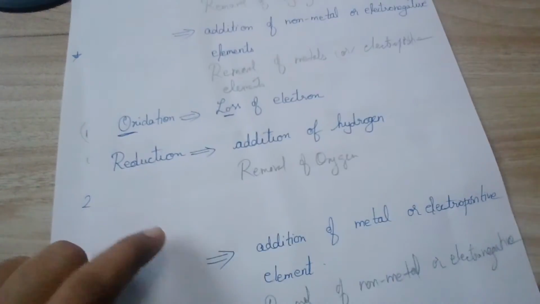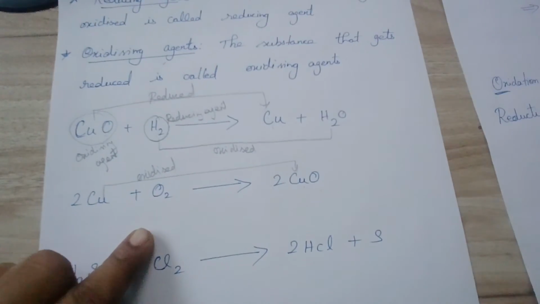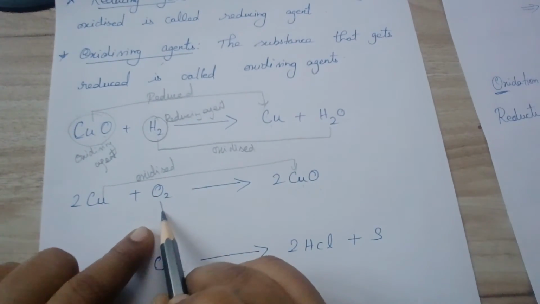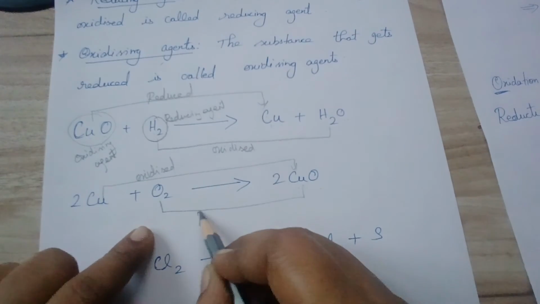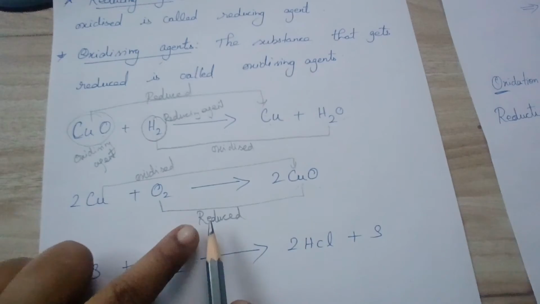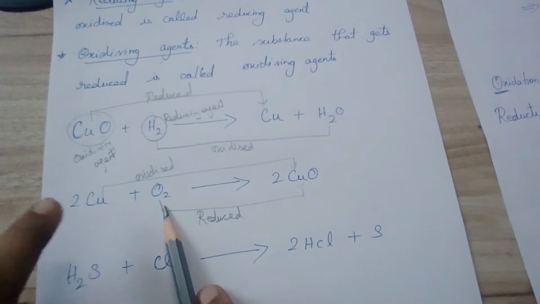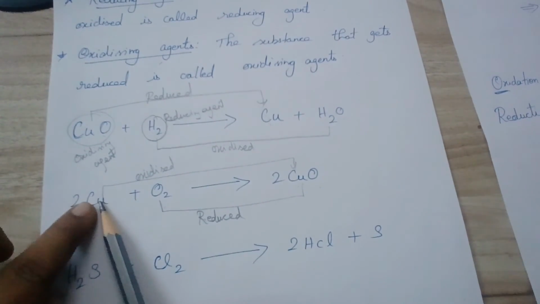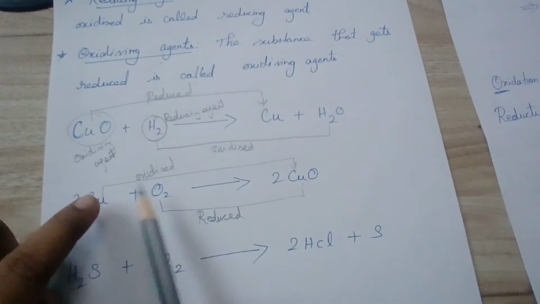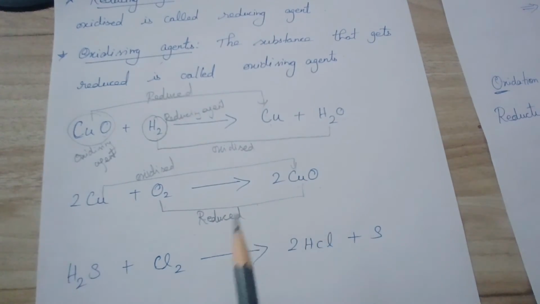Addition of metal is a reduction process, so the oxygen becomes reduced. This is reduced, so it acts as an oxidizing agent. It helps the copper to oxidize. This copper is oxidized, so it acts as a reducing agent. It helps the oxygen to reduce.